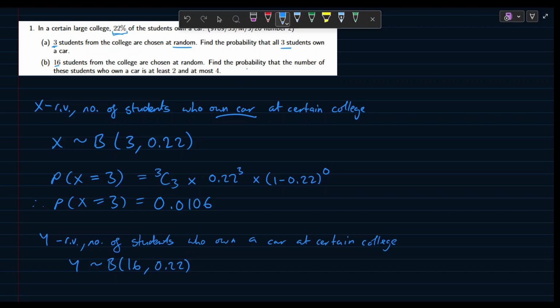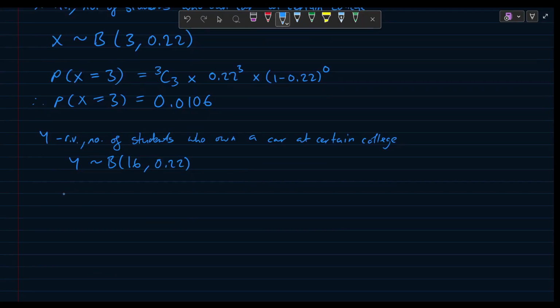And we're required to find the probability that the number of these students who own a car is at least 2 and at most 4. So this is the probability that at least 2, so that's greater than or equal to 2, and at most 4, less than or equal to 4. So it means we're evaluating the probability that y is equal to 2, 3, and 4.